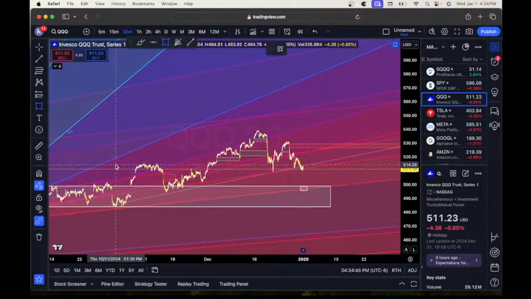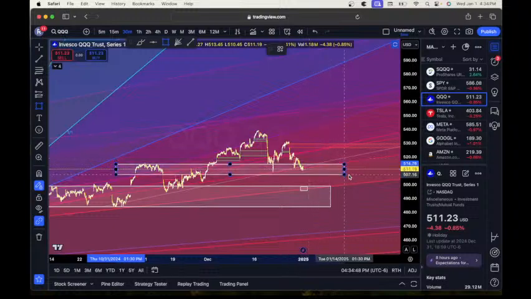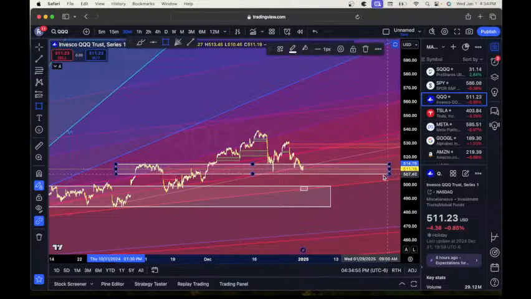And then I'm going to take, I'll take that one. I'm not really gonna count this one because it was too choppy and it was kind of an uptrend. I will mark out this one.